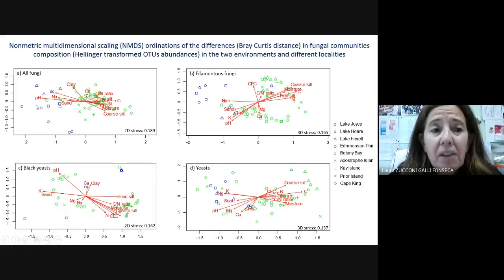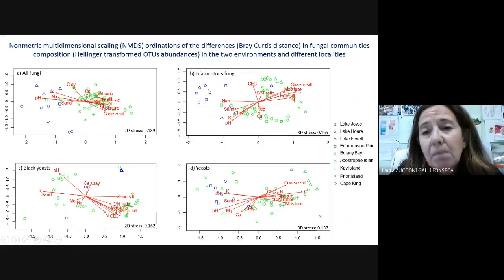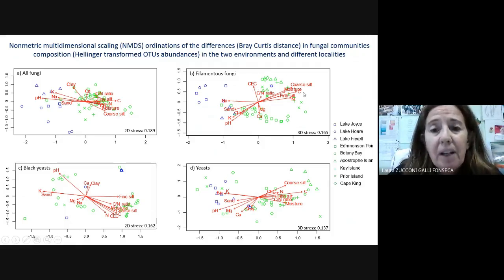But among these, pH and potassium are more determinant in conditioning the composition of the inner sites, while the carbon content is more important in determining the composition of the coastal sites, these ones that are reported in green.